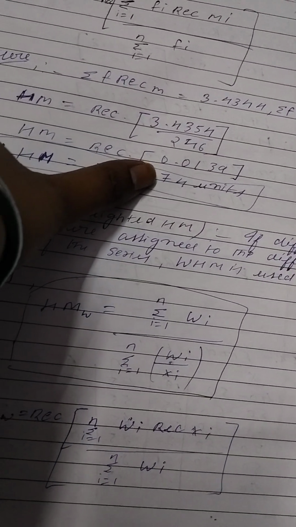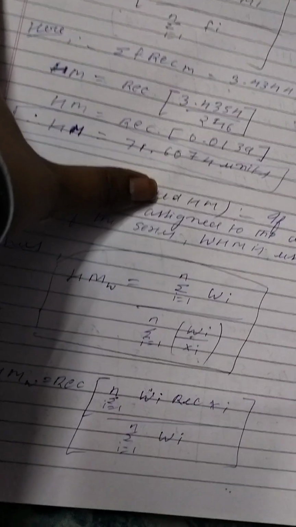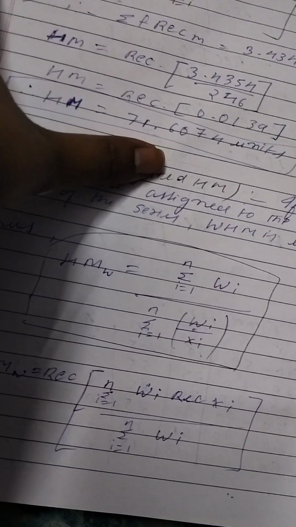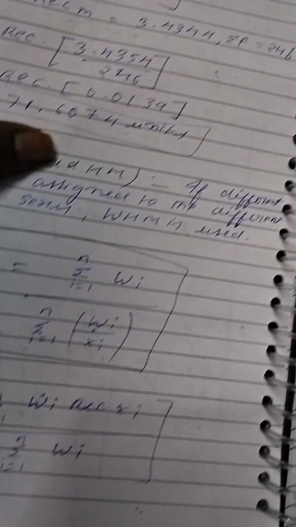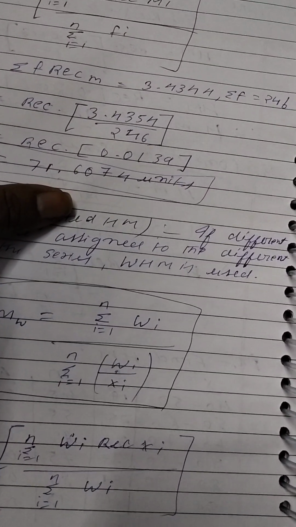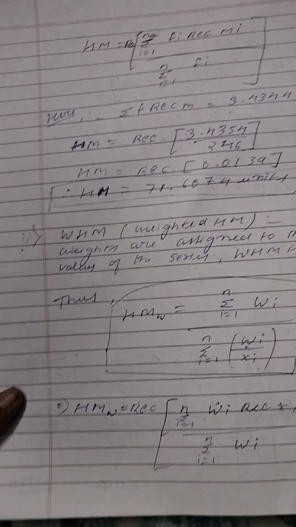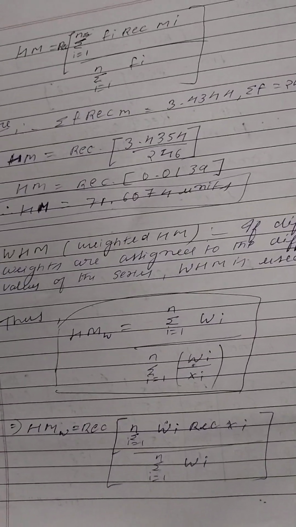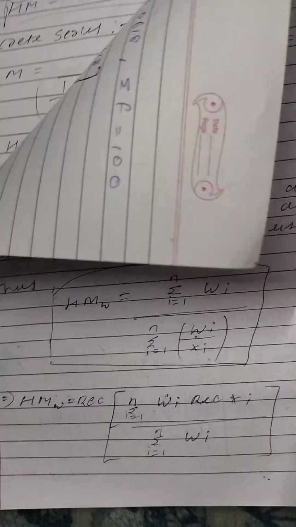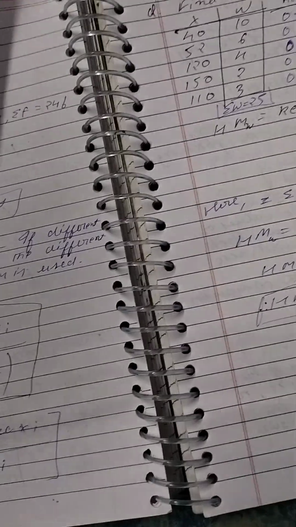Of course this value is in the 0.0 range, so it is smaller than 1. You must write the unit, whether in the question it is written kilometer, liter, or whatsoever, you have to write the final answer with the unit.